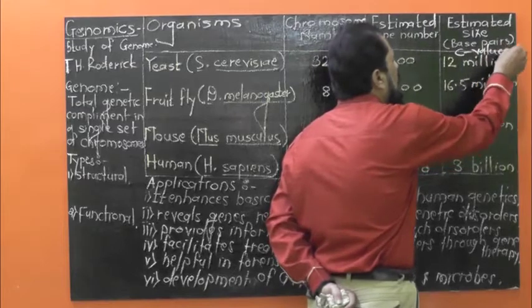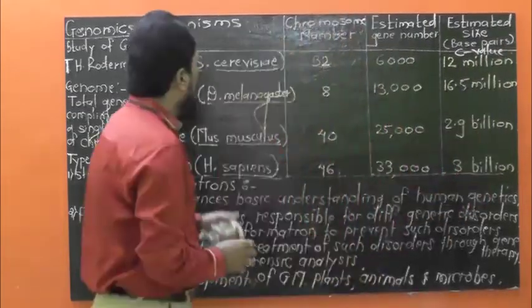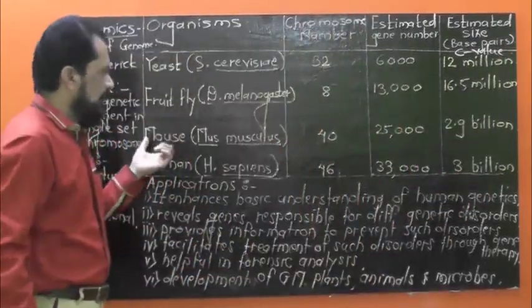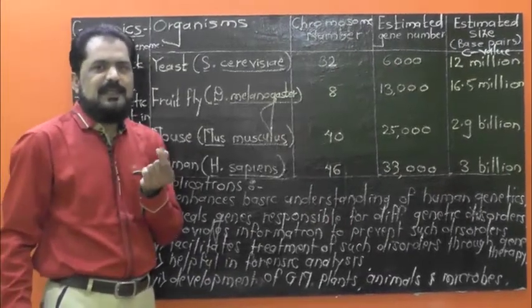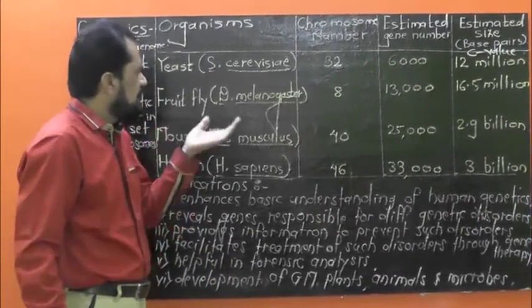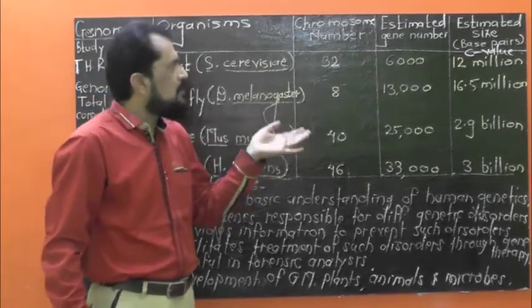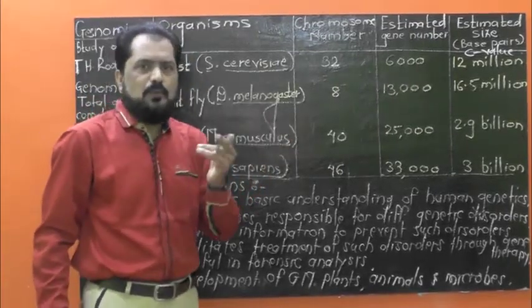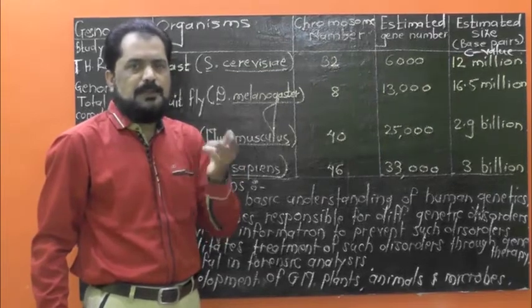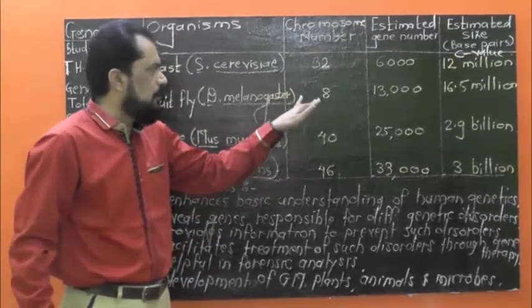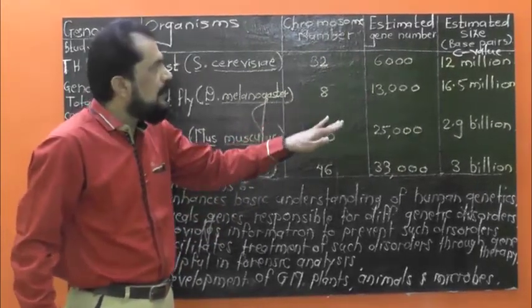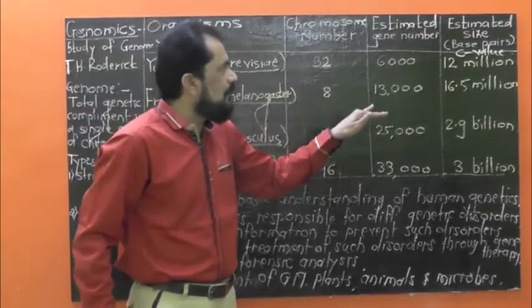While in fruit fly, a small insect, scientific name Drosophila melanogaster, the total diploid number of chromosomes is only 8.